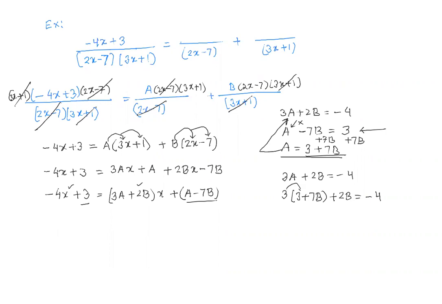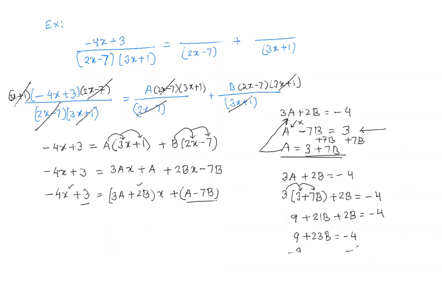So 3 times 3 is 9. 3 times 7b is 21b, plus 2b is equal to negative 4. 21 plus 2 is 23b.